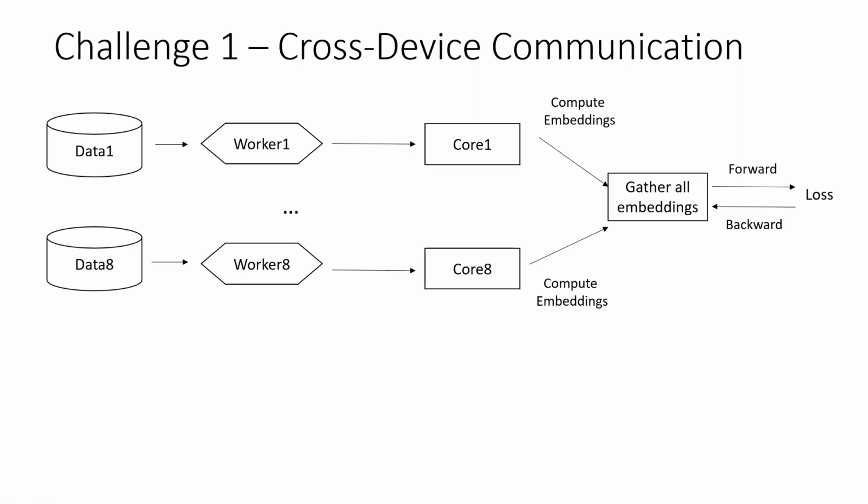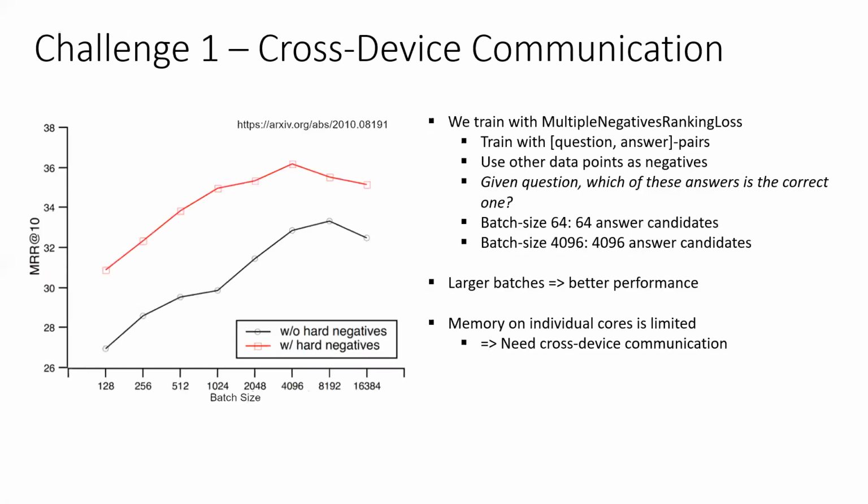This is how we increase the batch size from 64 on every core to a total batch size of 512. So the global batch size becomes 8 times larger for the 8 cores, and the difficulty of the task is 8 times higher.